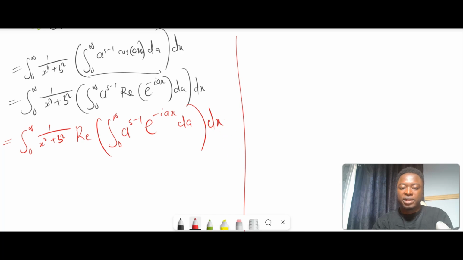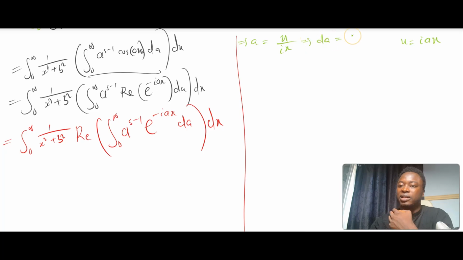What we'll do here is make a substitution: we're going to take u to equal iax. Then that means a would be u divided by ix, and da would be du divided by ix.